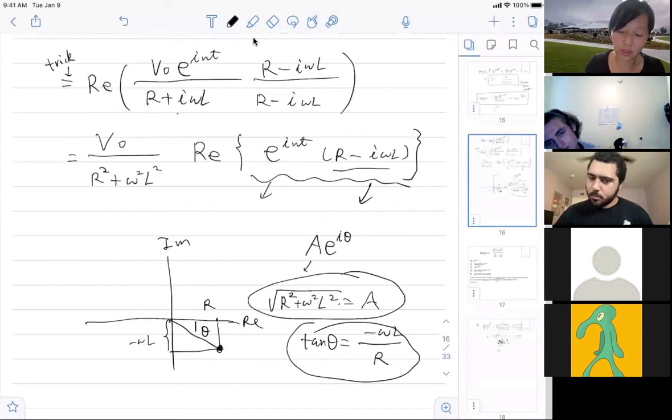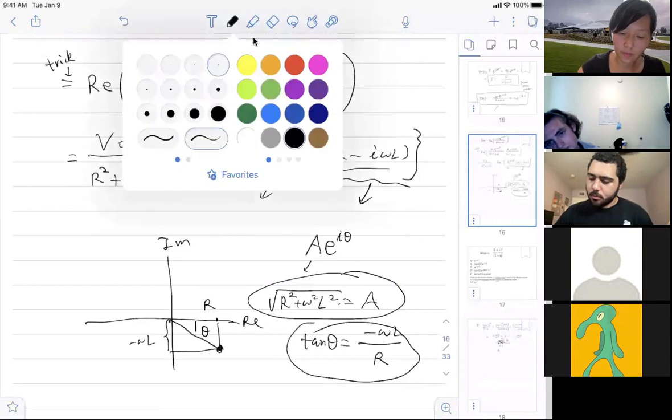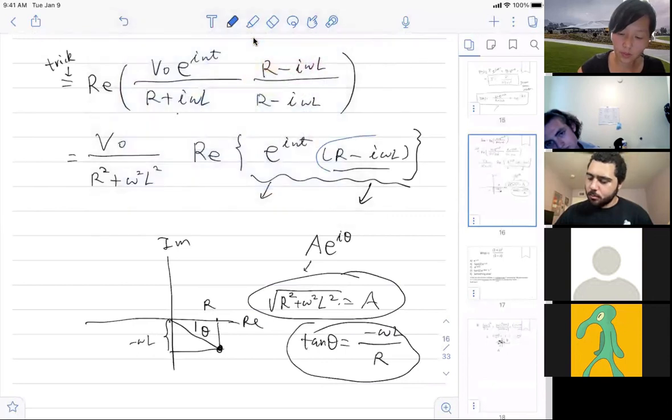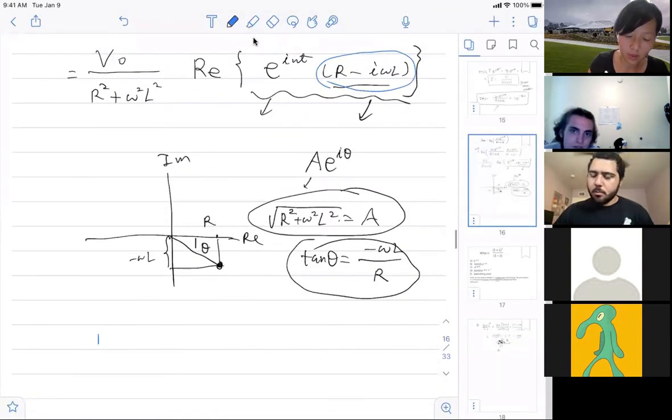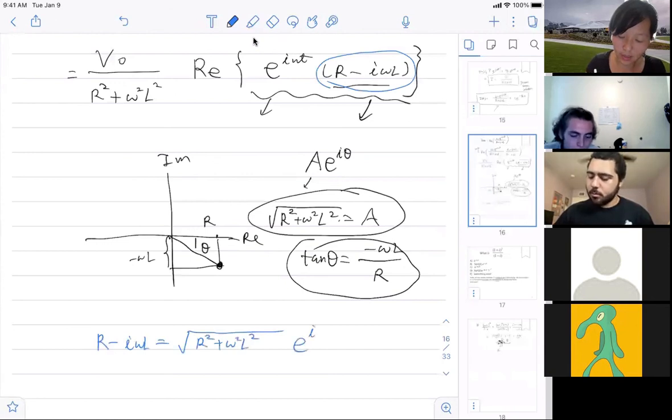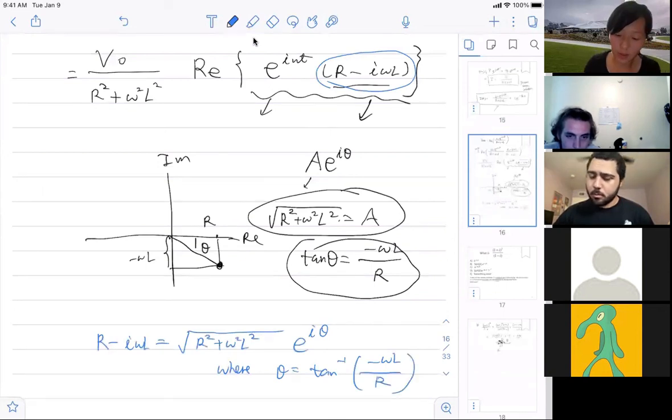So this term becomes R minus i omega L is equal to the square root of R squared plus omega squared L squared e to the i theta, where theta is the inverse tangent of negative omega L over R. So you're done.